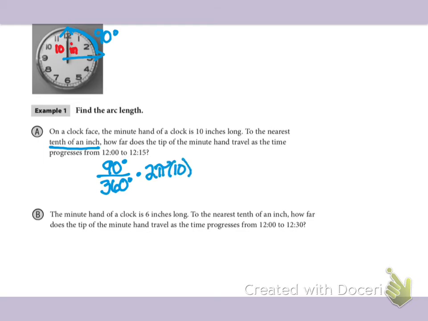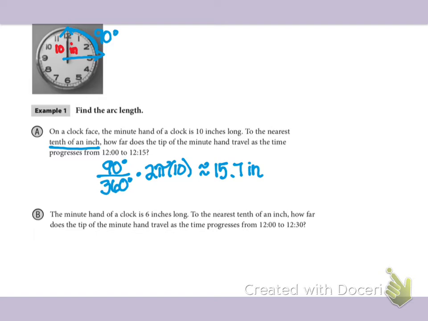And we can very easily calculate to the nearest tenth the arc length. First of all, 90 divided by 360 is 0.25, and then times 2 times pi, and then times 10. And that's approximately 15.707, so it's approximately 15.7 inches.